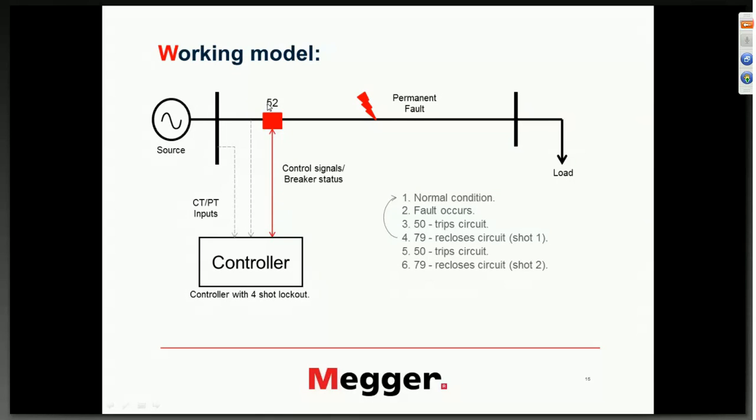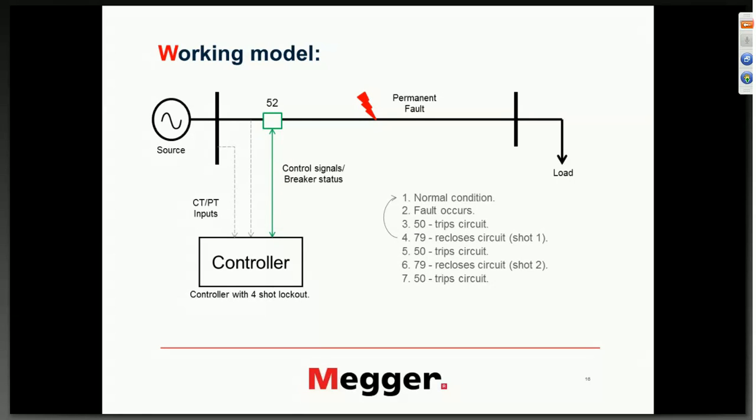Since my circuit breaker is closed, my source is again supplying the permanent fault and the load as well. Naturally, the current is higher and the voltage is lower again.